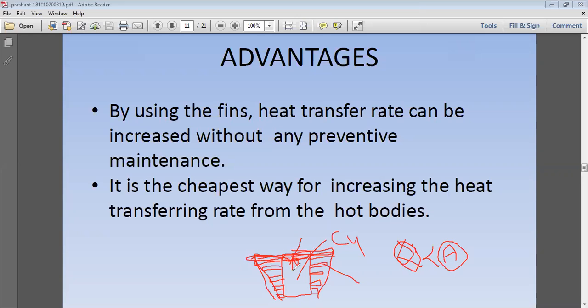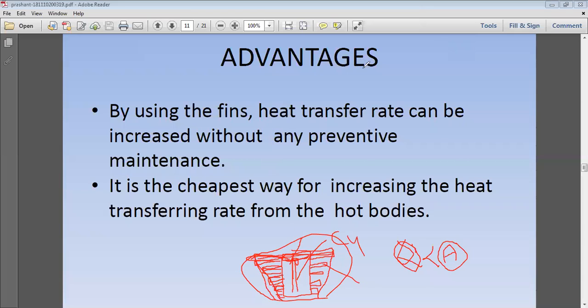After the expansion process, the temperature and pressure gradually decrease from the top dead center to the bottom dead center. That is why they keep gradually decreasing the length of the fin. That is the reason why in many engines you can see the gradually decreasing straight fins over a cylinder.